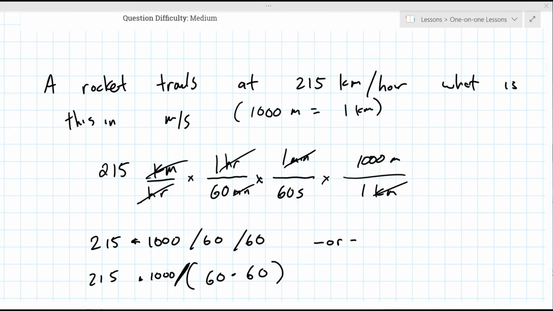Okay, so it's 215 times 1,000, divided by 60, divided by 60. It's 59.72.